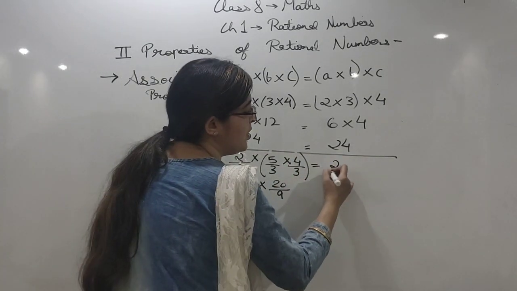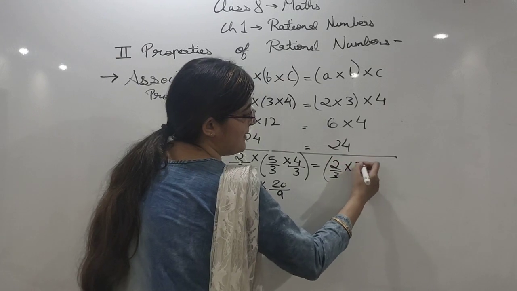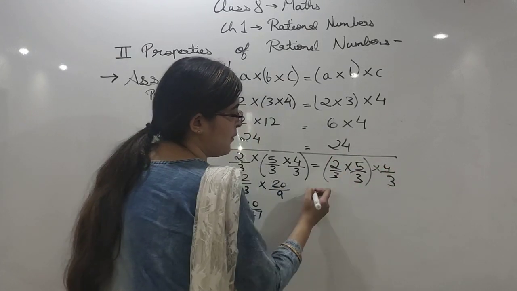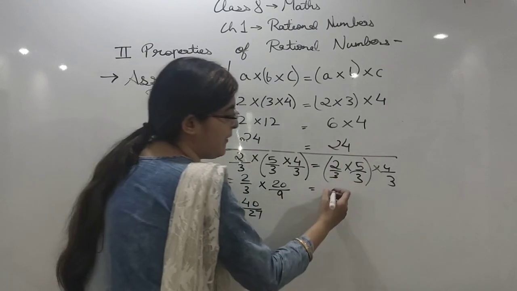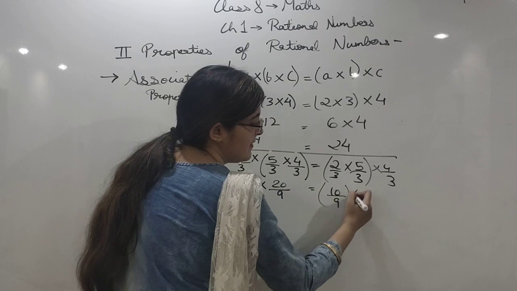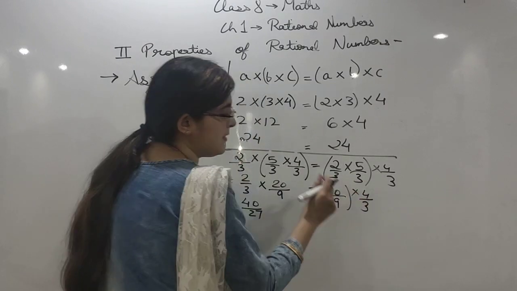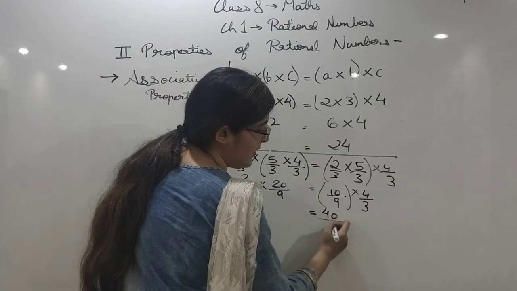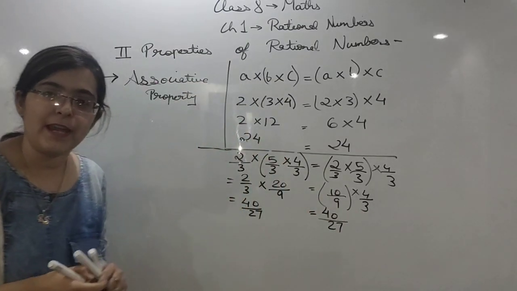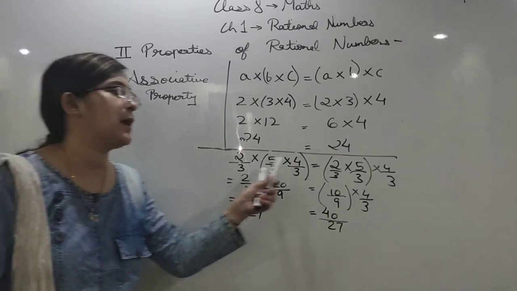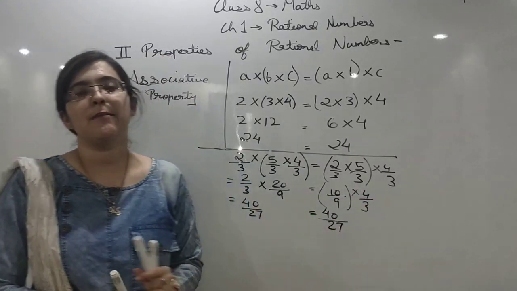Same we will do on the RHS. We will shift the bracket. Now if we solve this, what will come? 2 into 5, 10. 3 into 3, 9. Now 10 into 4, 40. 9 into 3, 27. That means the associative property is also applicable to rational numbers.